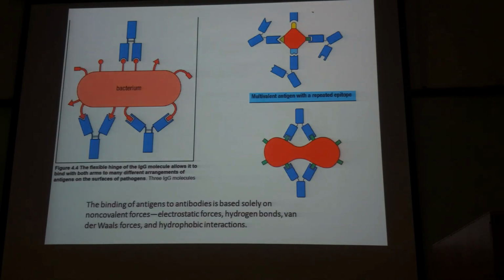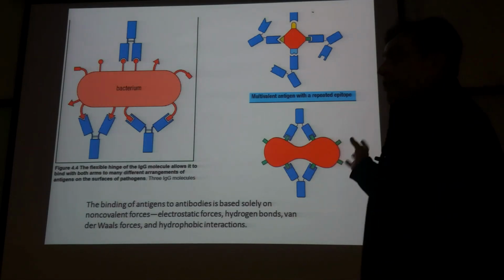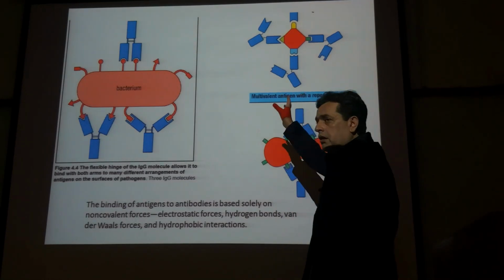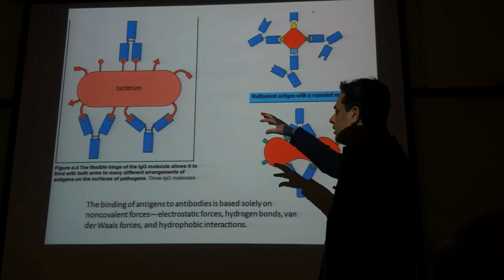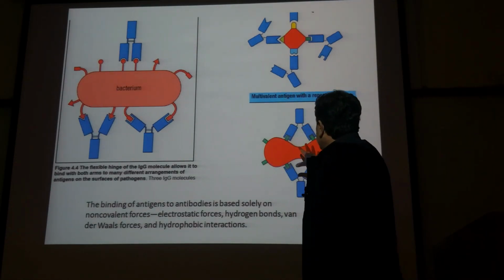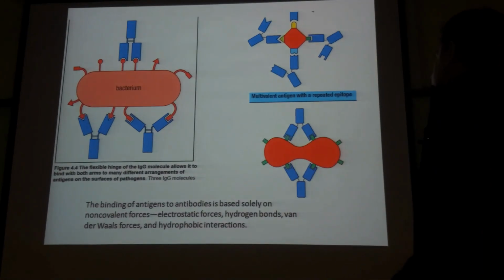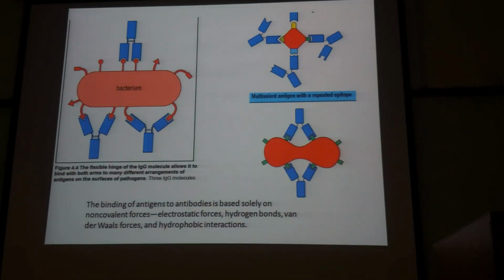Or different antibodies can attach to the same antigen with different epitopes, because the nature of these epitopes can be different. Similarly, a multivalent antigen with a repeated epitope can be bound by the same antibodies. Same antibodies can just surround these epitopes if they are similar epitopes on the surface of a pathogen.